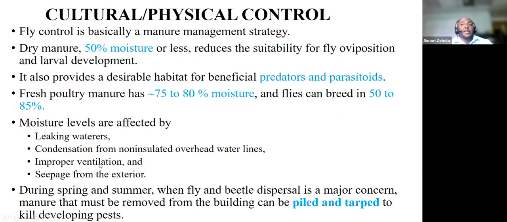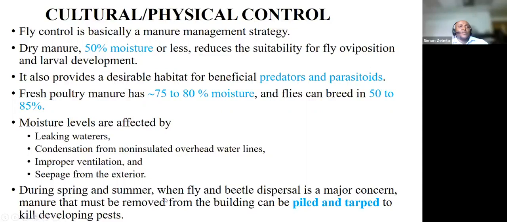Ventilation is recommended in a chicken house. Every 60 feet, there must be a ventilation in order to dry the chicken house. Also, some seepage from the exterior may add some moisture that will create a condition where flies breed.